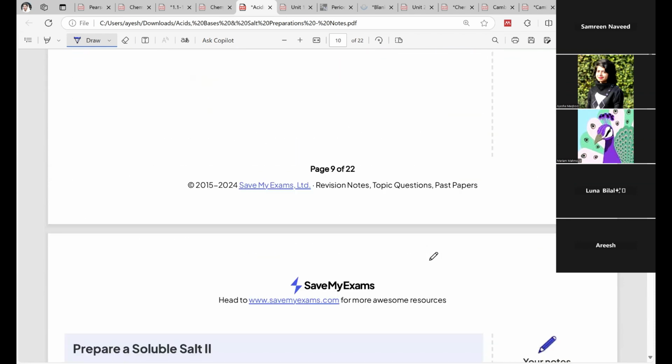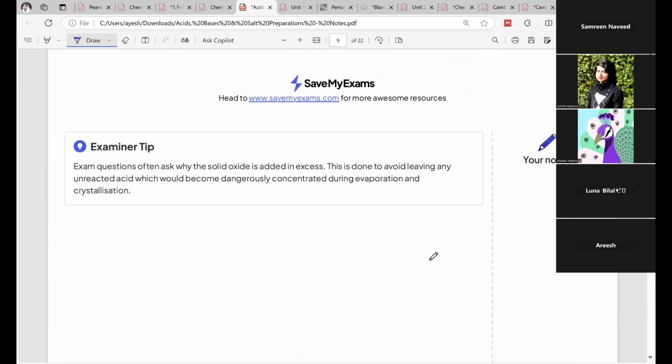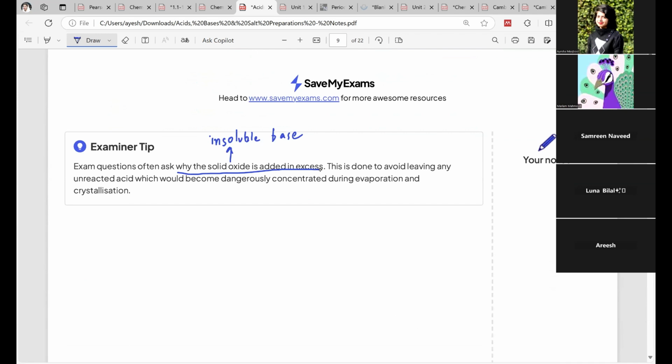Another exam question here: they can ask you why solid oxide is added in excess, meaning the insoluble base. Miss, we said we just wanted to avoid the unreacted acid, as if we mix acid with water, it is very dangerous.